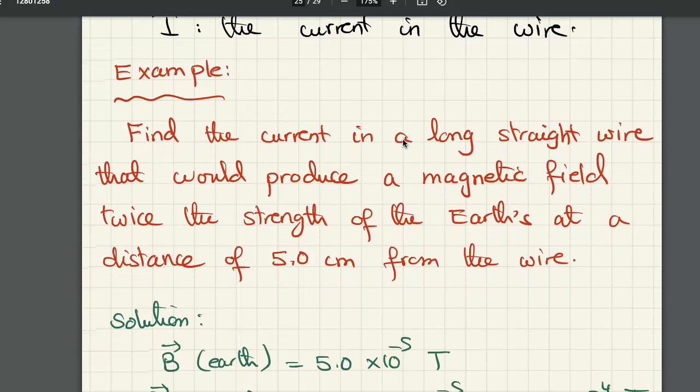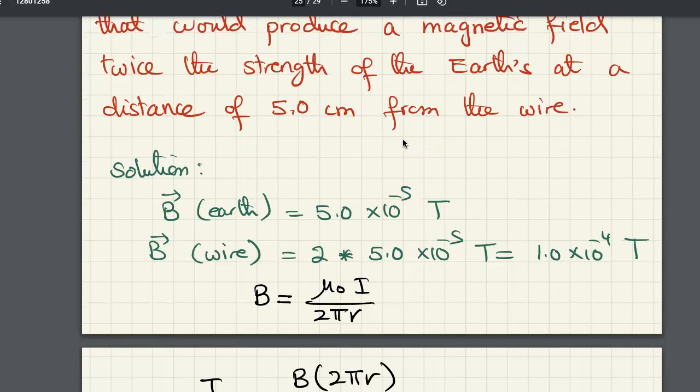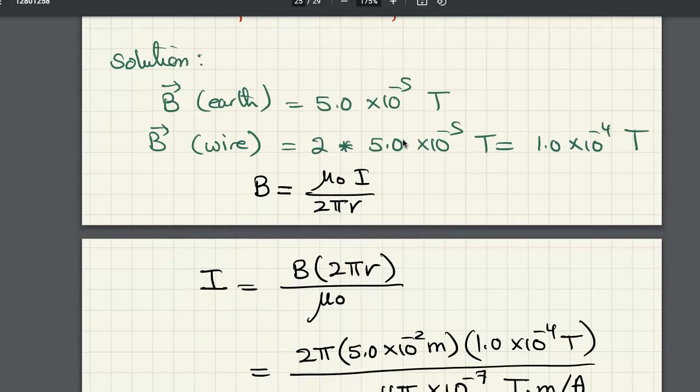Find the current in a long straight wire that would produce a magnetic field twice the strength of the Earth's magnetic field at a distance of 5 centimeters from the wire. You should know that this is going to be a constant given to you: B of the Earth is 5 × 10⁻⁵ Teslas.